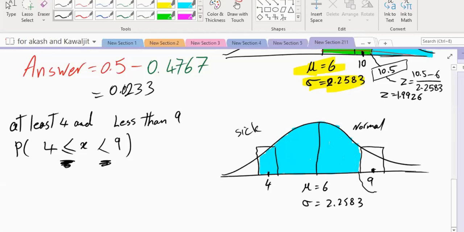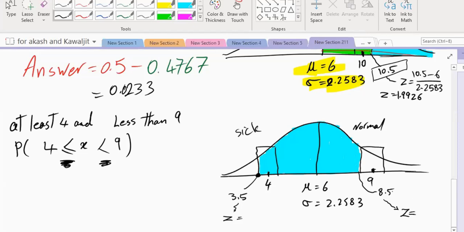Okay. So what is this point? 8.5. And what is this boundary of the area of interest? 3.5. Very good. Of course, we are not really interested in those numbers. Chebyshev said that the distances should be measured in terms of how many standard deviations they are away.